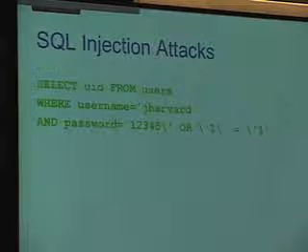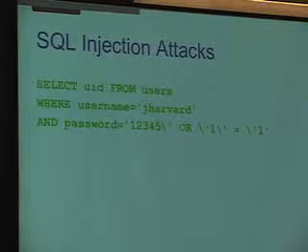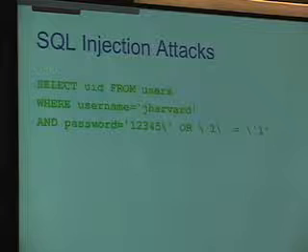So this is totally safe because now those quotes will be interpreted as literal quotes in the password, which means I'm asking select UID from users where username equals jharvard and password equals 1, 2, 3, 4, 5 quote space OR space quote 1 quote space equals space quote 1. And that's obviously not going to be my password, or hopefully it's not going to be my password. Otherwise, they just got lucky. But this is now safe.